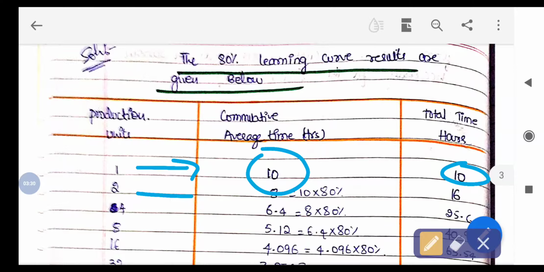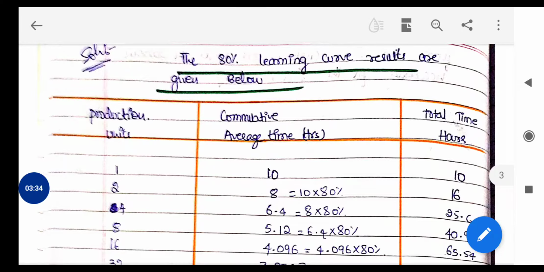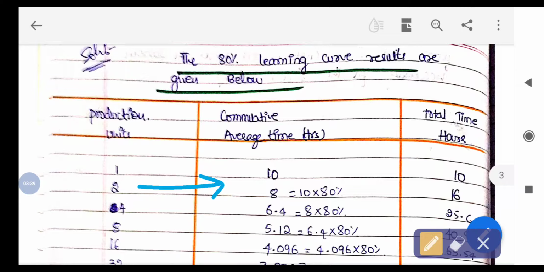Next, when we are producing the second unit, the time will be 80% of 10, that is 10 into 80%, which is 8. So 2 into 8 is 16.